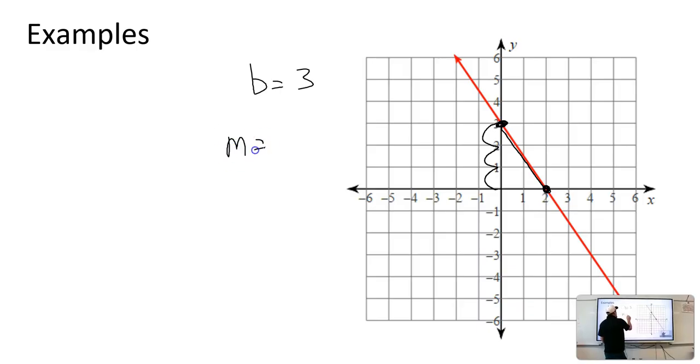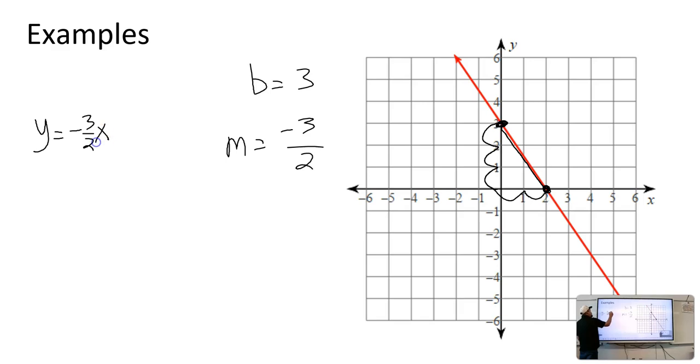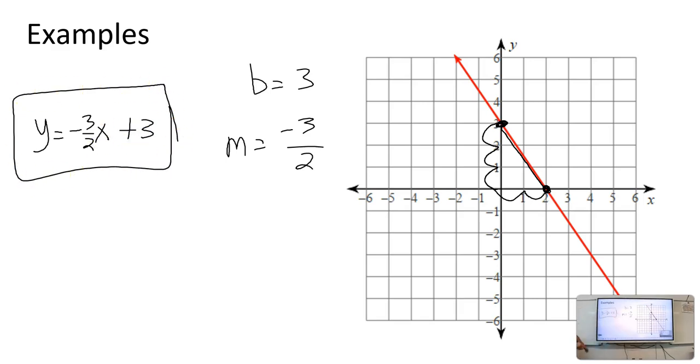So I have a -3 for my rise and 1, 2 for my run. So we have -3/2 for my slope. So y equals -3/2 x plus 3. And there is the equation to that given line. Just finding those two things.